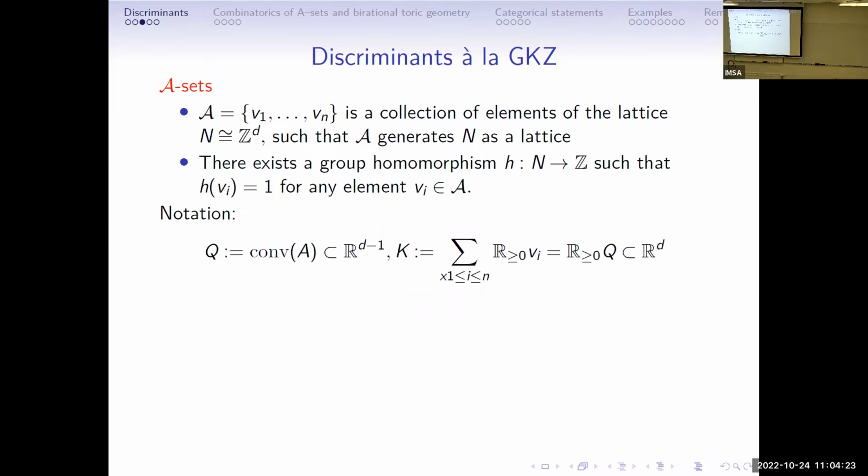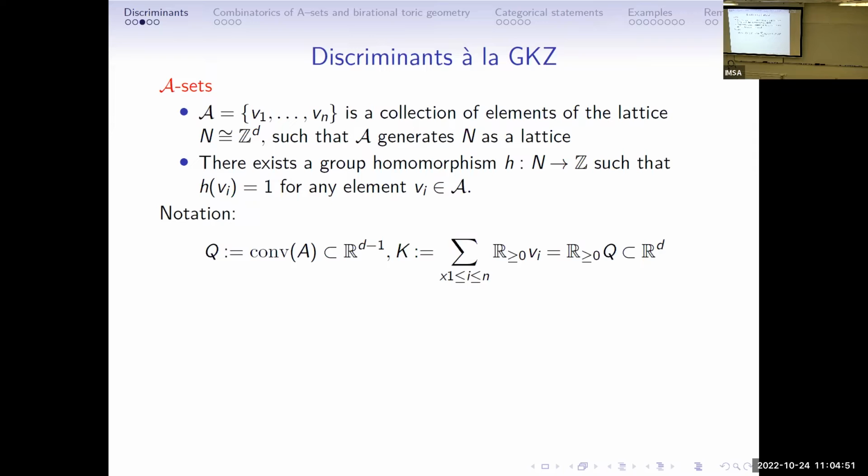So what's their notion of discriminant? You start with what I call at least a set. I think that's the terminology that people use. I'm not sure that Gelfand, Kapranov and Zelevinsky do that, but basically it's a finite set of vectors in a lattice such that it sits in a hyperplane at distance 1 from the origin.